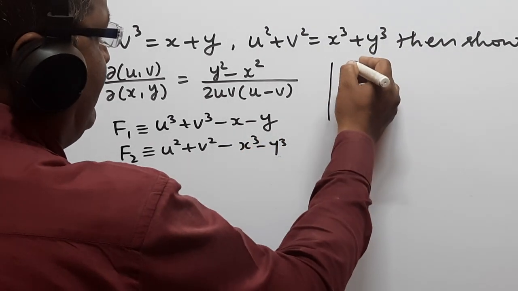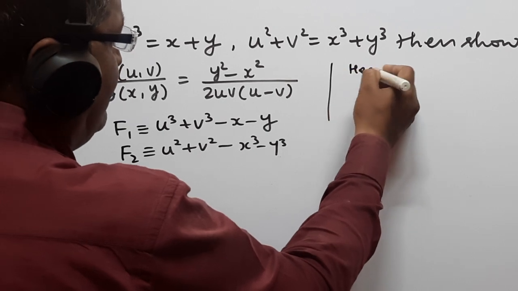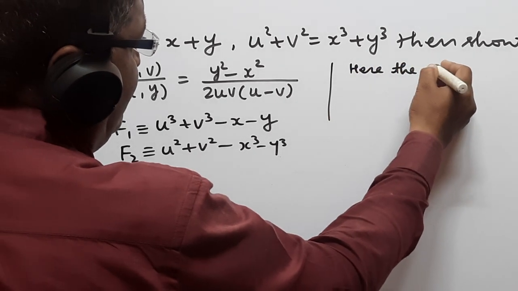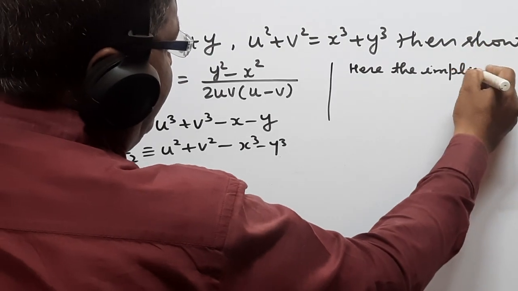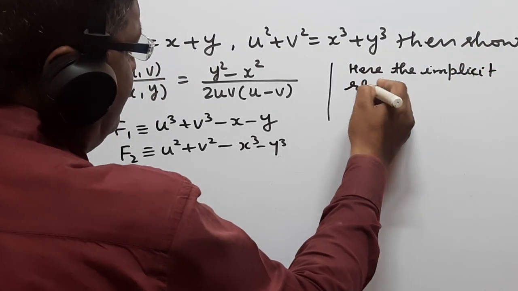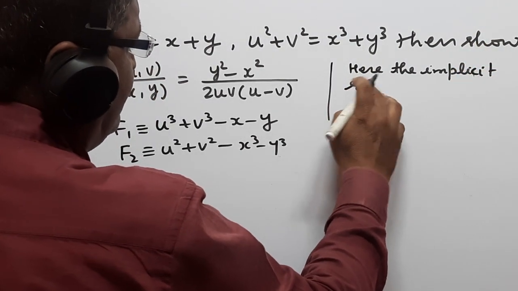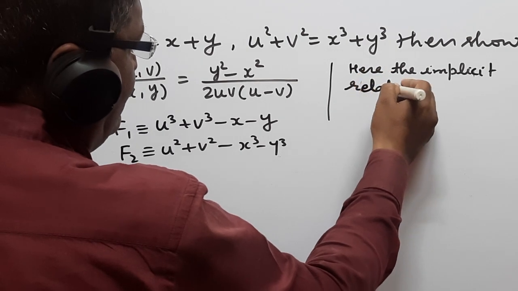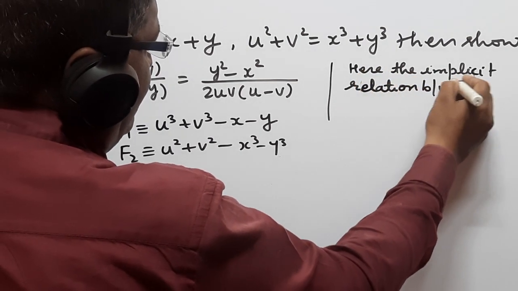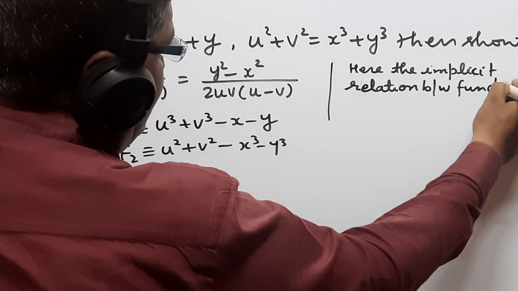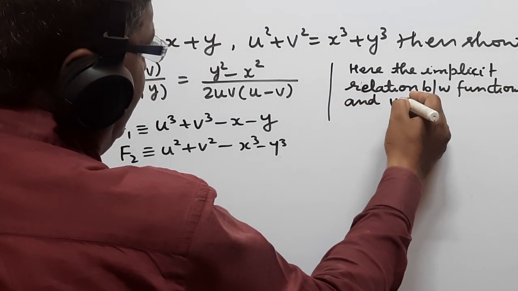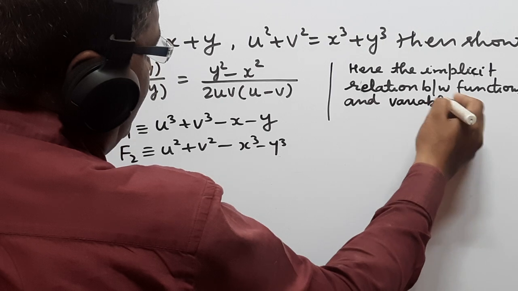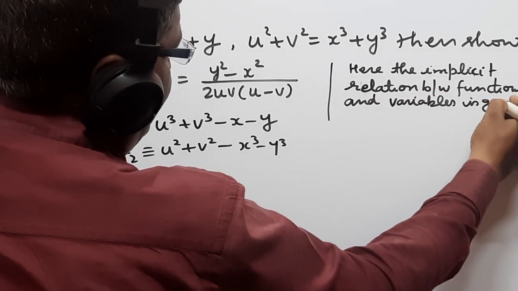Here you can see the implicit relation between functions and variables is given.